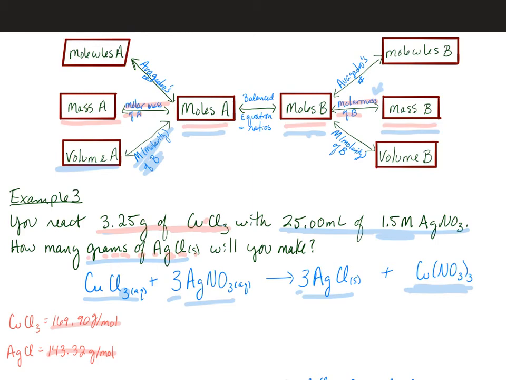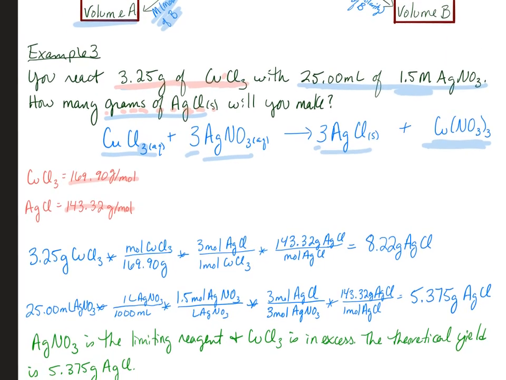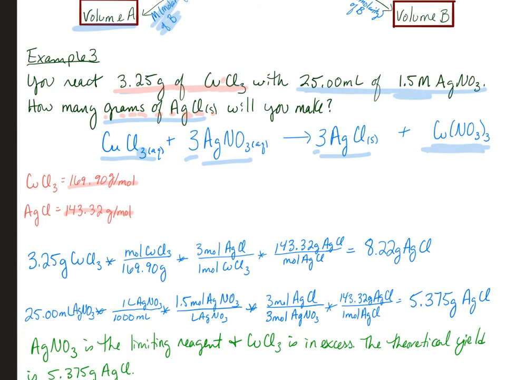Okay, so I'm going to scroll down just because we don't have space, and approach these problems. So in the first one, we start with 3.25 grams of CuCl3. I need to go into moles of CuCl3, and I do that through the molar mass. I then need to take into account that we have 3 moles of AgCl for every 1 mole of CuCl3.